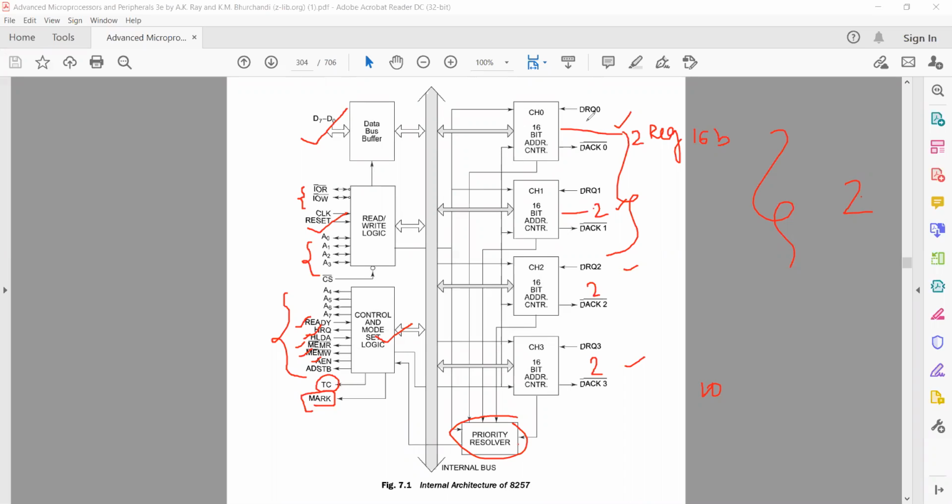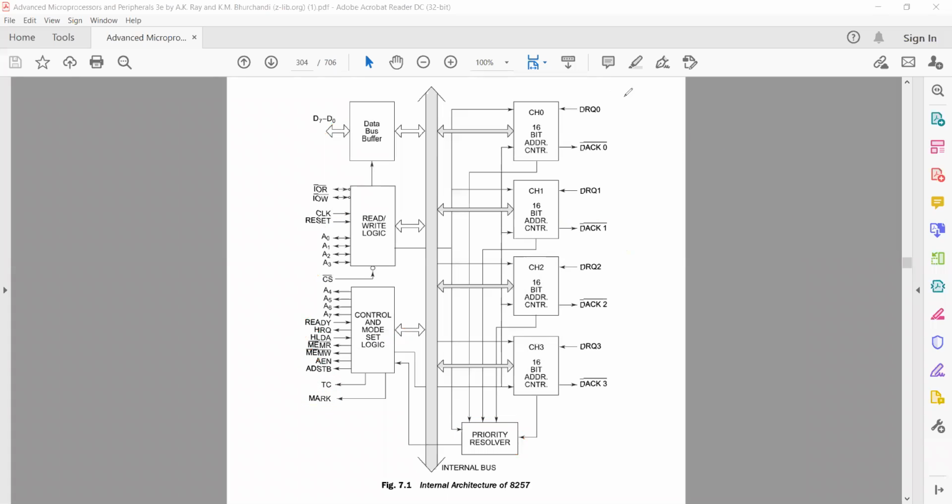It chooses the highest priority among all the channels when all the channels have a data transfer request. So this is about the architecture, some introduction of this block diagram. Let us now see in detail the different blocks, the different signals, and the different registers that we have.